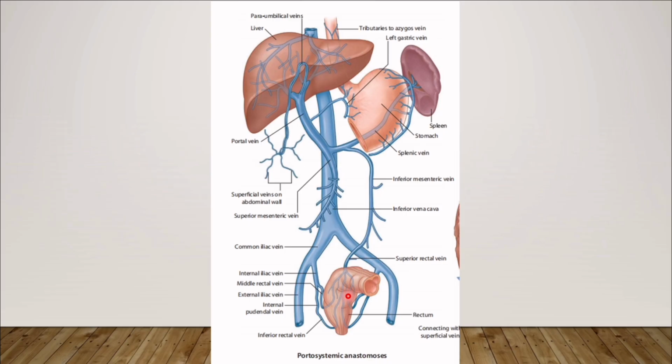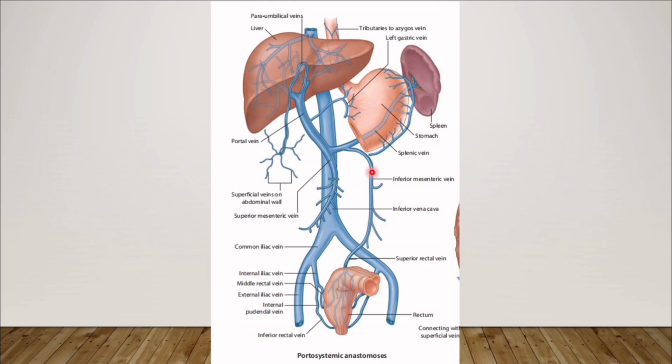This occurs between the superior rectal vein, the middle rectal vein, and the inferior rectal vein. In fact the middle rectal vein and the inferior rectal vein are branches of the internal iliac vein, and the superior rectal vein is a continuation of the inferior mesenteric vein.